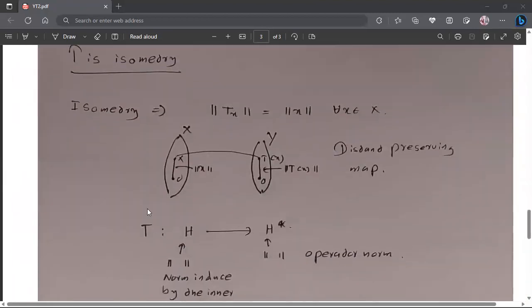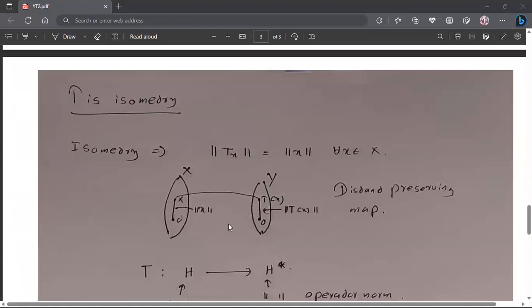So this is the isometry. Isometry means basically the distance is preserved. If we consider X and Y as normed vector spaces, we can evaluate the norms of each vector, x mapped to T of x. Basically the norm of x means the length of this vector.